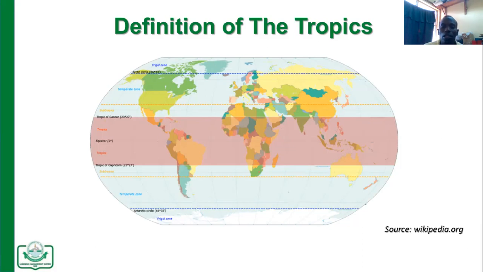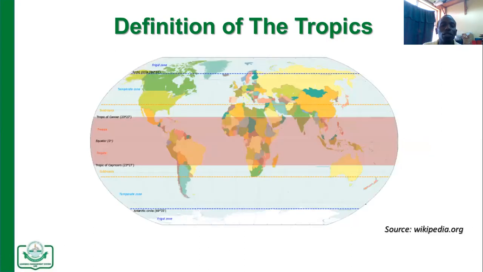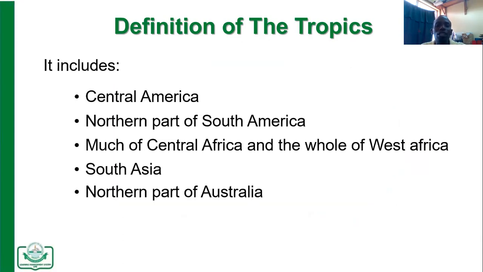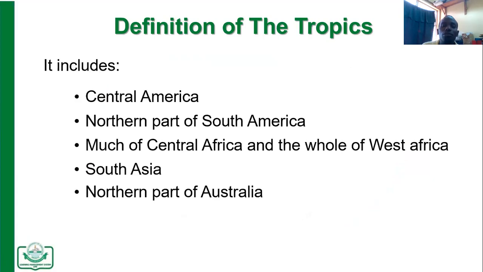Areas within this location include South America. From the map, you can see South America up there, the Central America. Within this location it can be found there. Then the northern part of South America. When you look at South America down here, you see the area printed pink, that a major part of South America falls within the tropics.